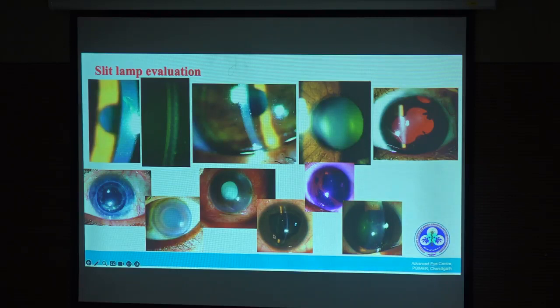This is suggestive of Cogan-Reese syndrome, and this is essential iris atrophy, and this is glaucomflecken. There is necrosis of the anterior lens capsule, which is suggestive of an acute angle closure attack. So all this kind of information you can get just by doing a slit lamp evaluation.